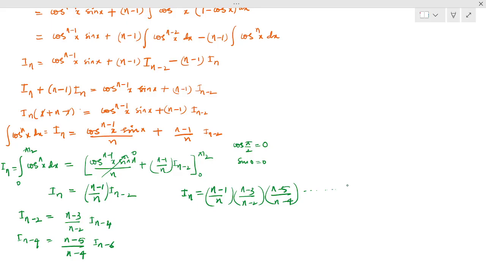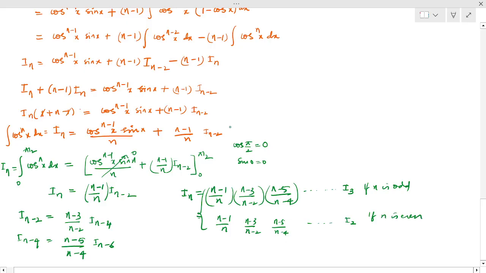So it will end with I3 if n is odd, otherwise it will end with an even number: (n minus 1) by n, (n minus 3) by (n minus 2) into (n minus 5) by (n minus 4), and so on. This is if n is odd, and this is if n is even.